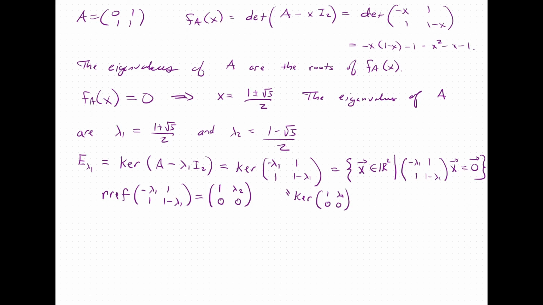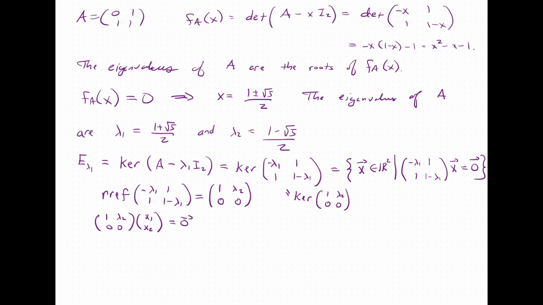And so now what we want to do is look at our column vector, 1, lambda 2, 0, 0, times x1, x2. So this is the column vector that I refer to over here as just x vector. And so this is going to be equal to 0.